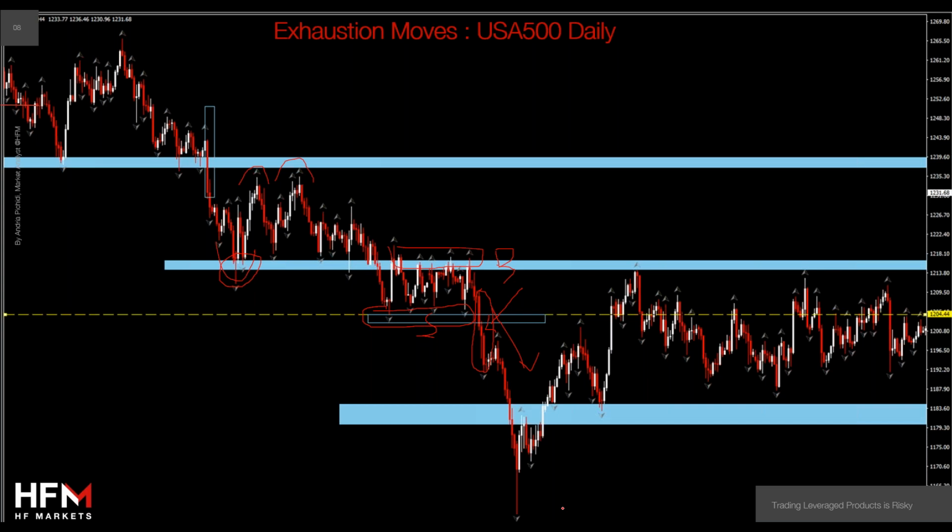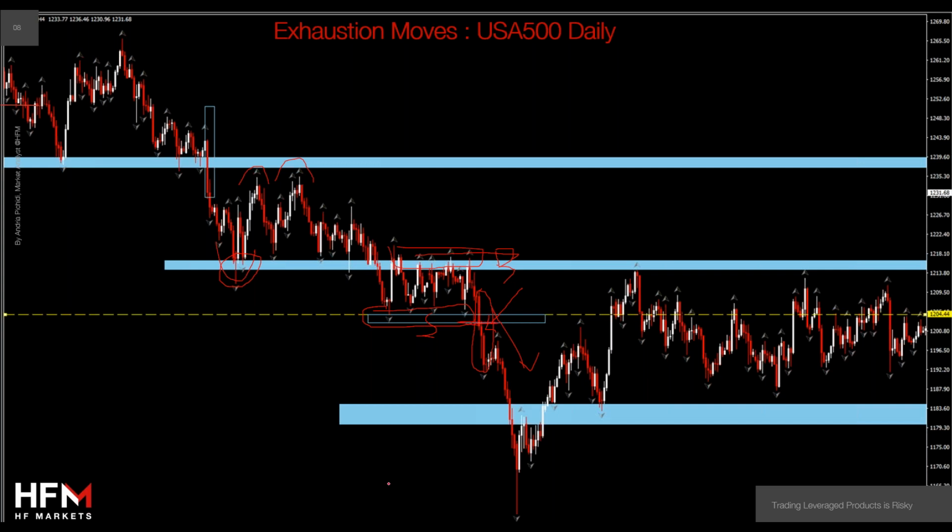Just set your stop loss above the resistance that we have over here, above the ceiling, above the swing that we have over here. Measure the distance from your entry point.